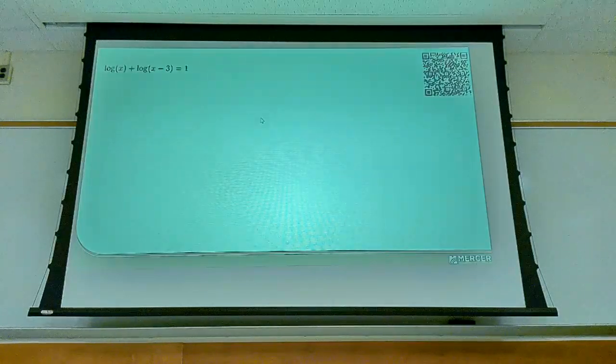Similar to one we already did, actually, except it's now x minus 3 instead of x plus 3. Again, start by using laws of logarithms to write the left-hand side as a single log. I'll just go ahead and distribute that out. What's the base?